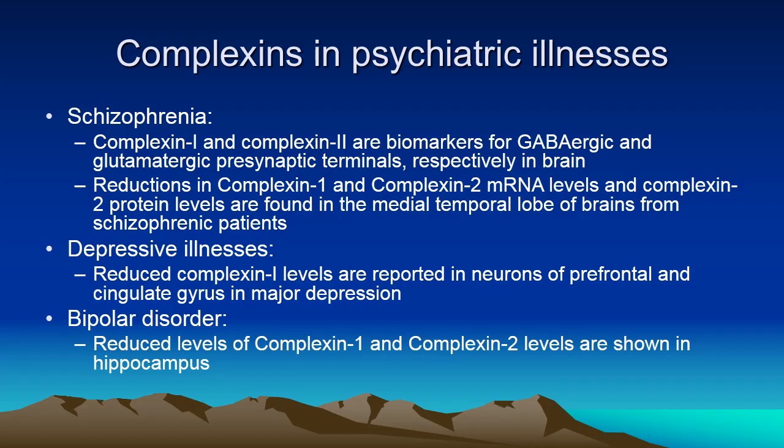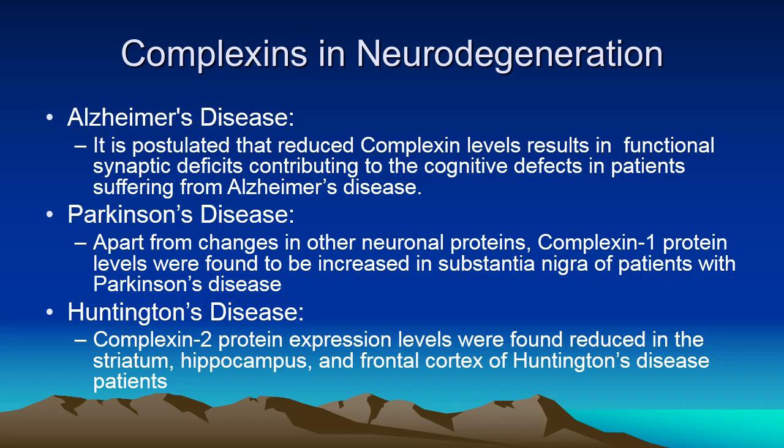In depressive illness, reduced complexin levels are reported in the neurons of the prefrontal and cingulate gyri. In bipolar disorder, reduced levels of complexin 1 and 2 are reported in the hippocampus. Alzheimer's disease has many protein disturbances, in fact it is called a proteinopathy, but complexin levels are also reduced, so the concept is still evolving, but complexin may also play an important role.